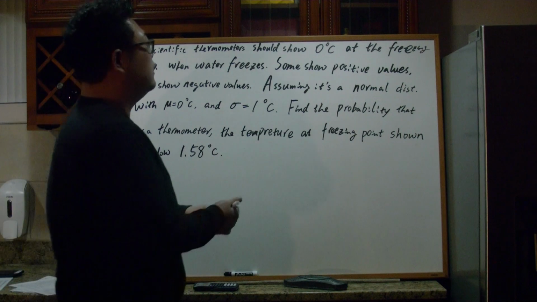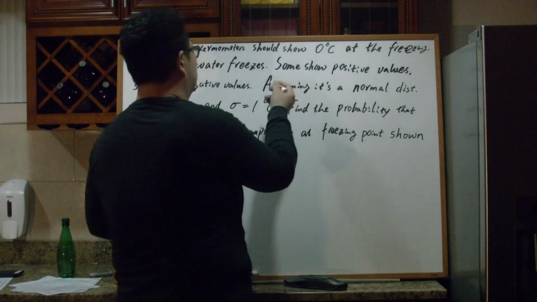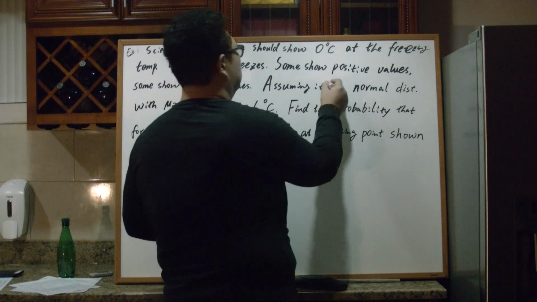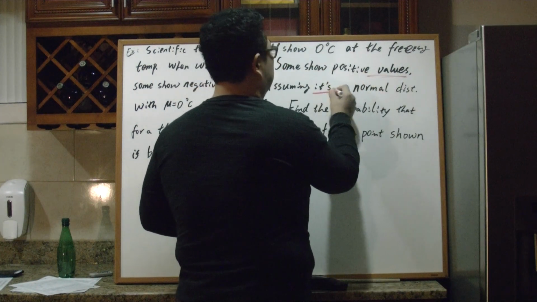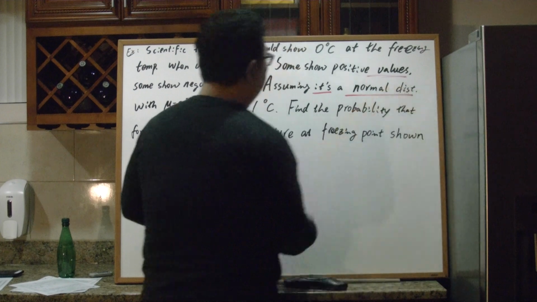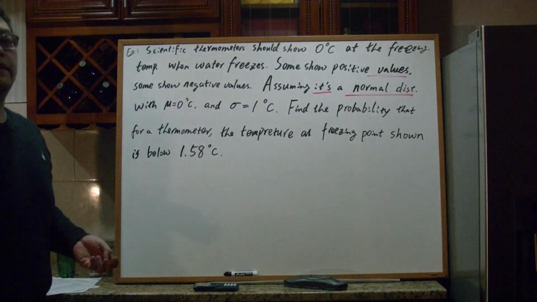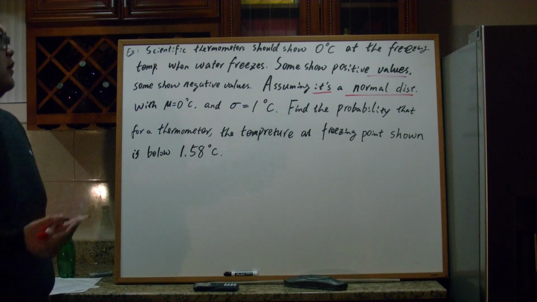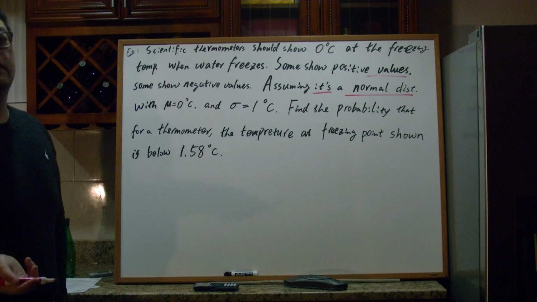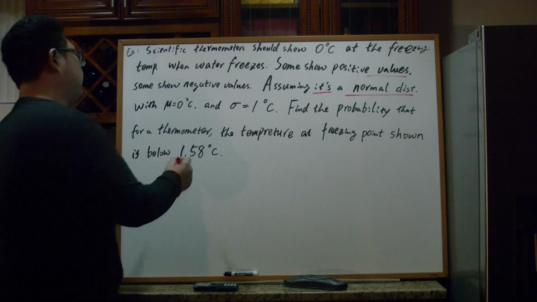So, some keywords we see here. The keyword is that the value shown follows a normal distribution. We are given the normal distribution to solve this type of question. If it's not normal, then we cannot make any assumption.